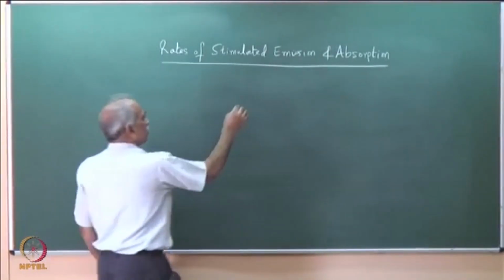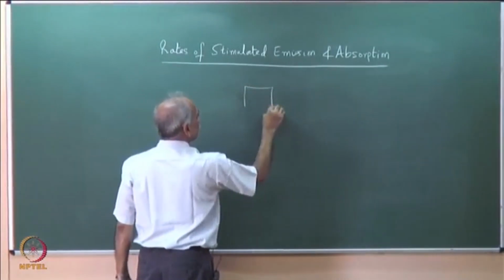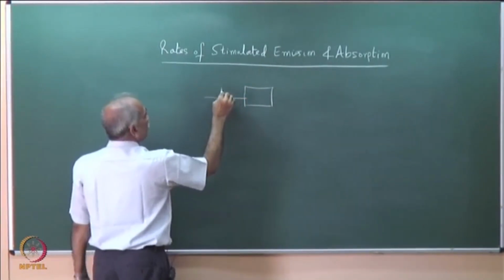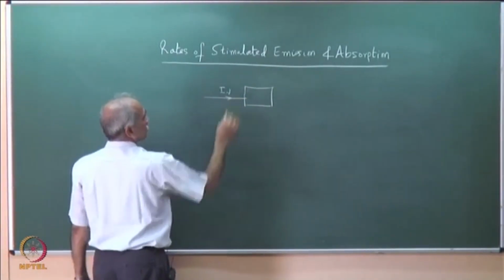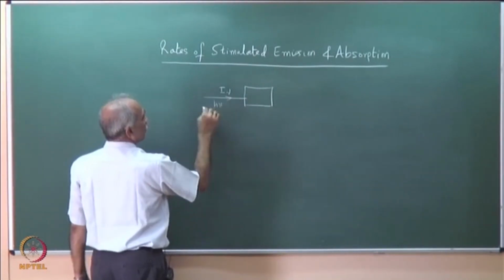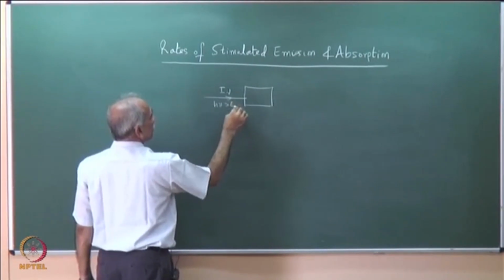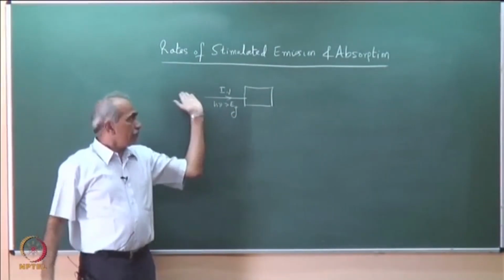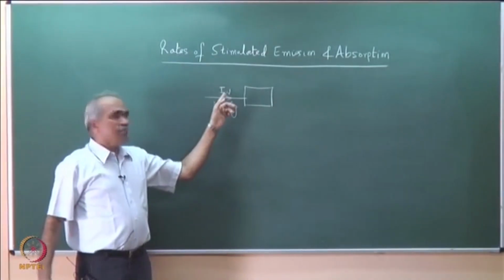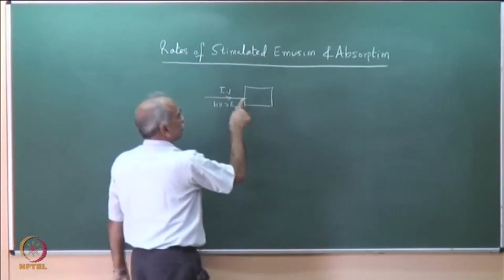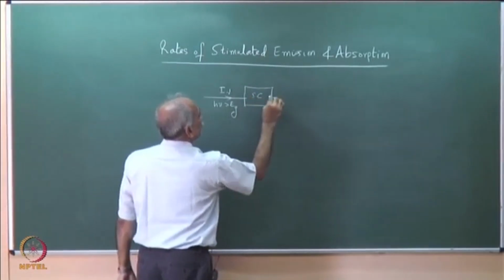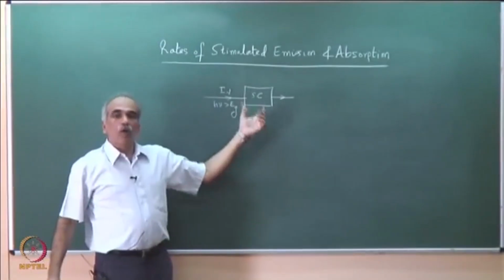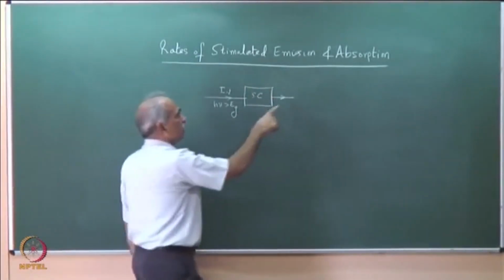Our objective would be, given a piece of semiconductor, a beam of irradiance I nu, of energy h nu greater than E g, a light beam entering this semiconductor here. What is the effect of the material property on the beam? That is the output here.